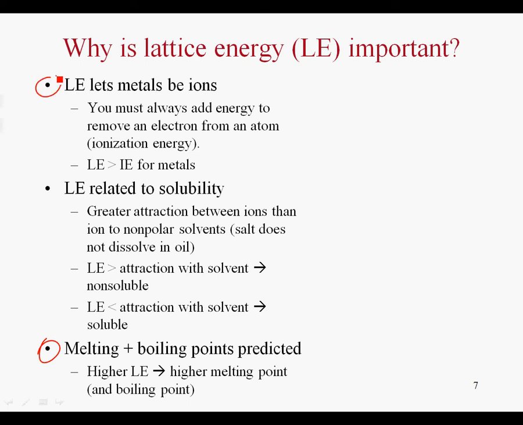Next one, lattice energy lets metals be ions. What does that mean? Well, we just saw on the last slide that to turn sodium into sodium ion, you need to knock out an electron. You need to put in energy. The delta H is going to be positive. Well, why doesn't the electron just fall back in? You would get energy out. It'd be exothermic. That sounds like a good thing.